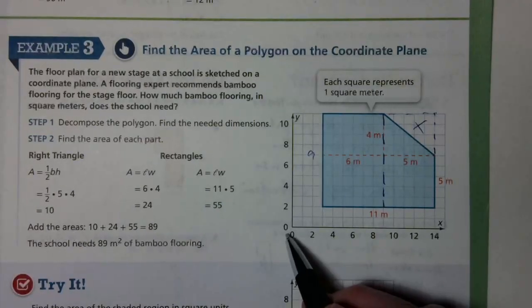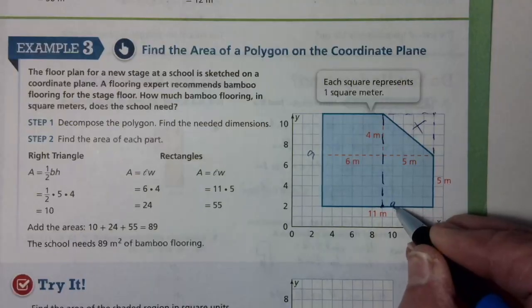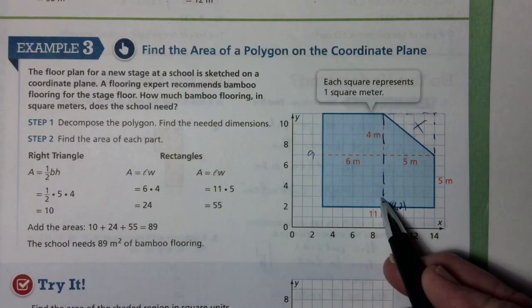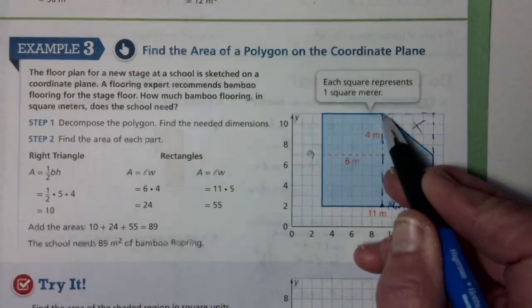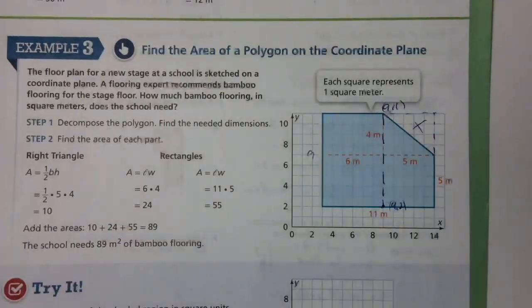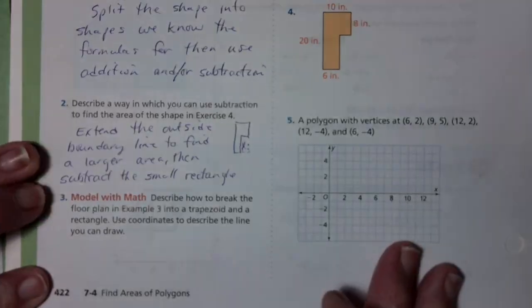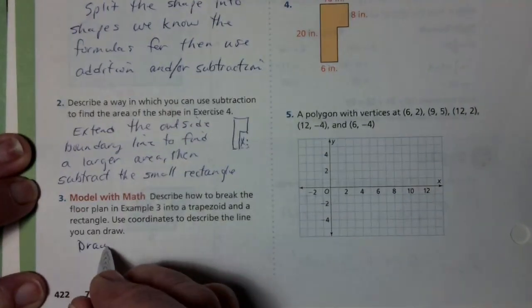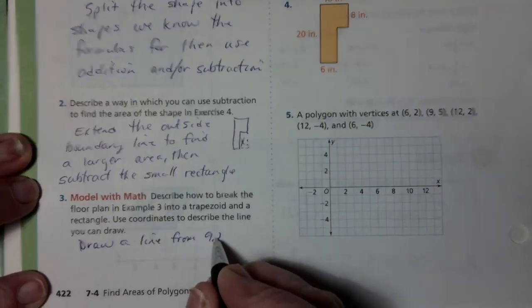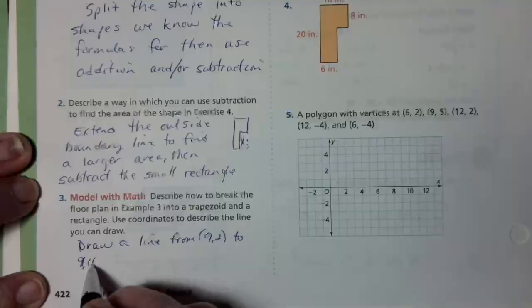So they want me to explain how to do that. So this is at 9, 2, the ordered pair 9, 2. So we want to go to 9, 2, and we want to put a slashed line all the way up to 9, 11. Okay? 9, 2 to 9, 11. So draw a line from 9, 2 to 9, 11.